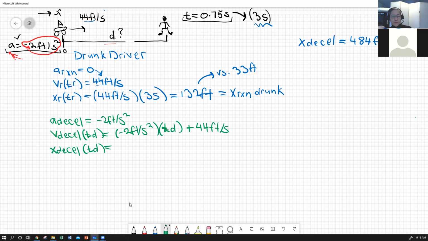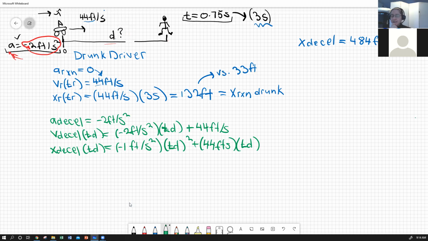Now we take the first time derivative, -1 foot per second squared times t squared. So we get the same exact expression for equations of motion during deceleration, regardless of what time we started that deceleration.